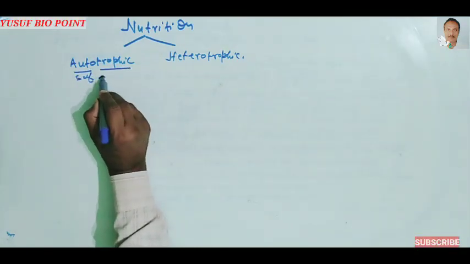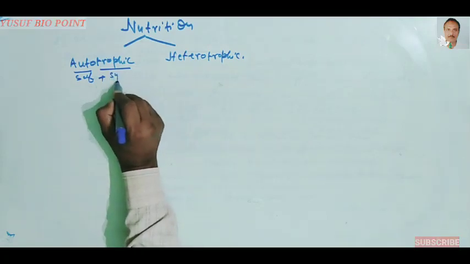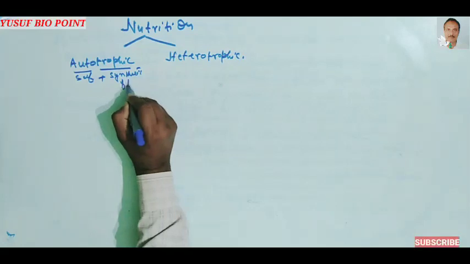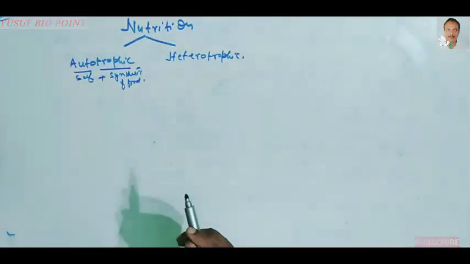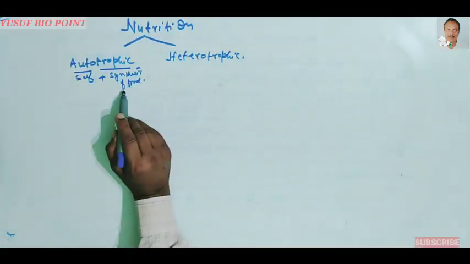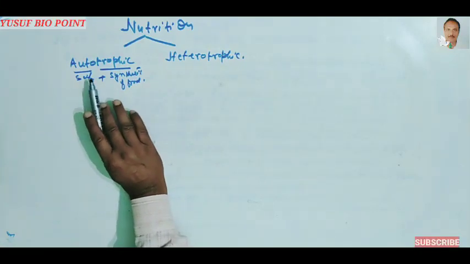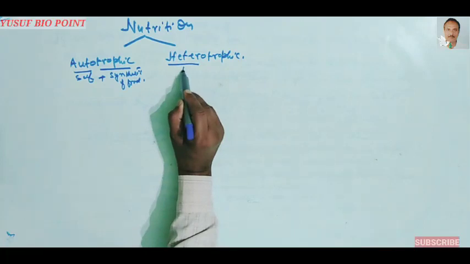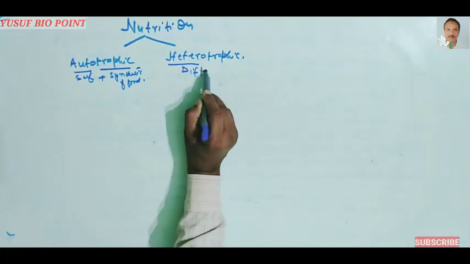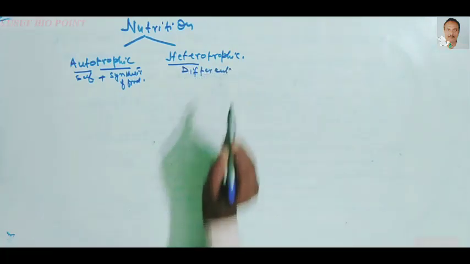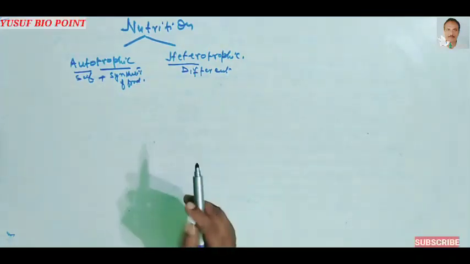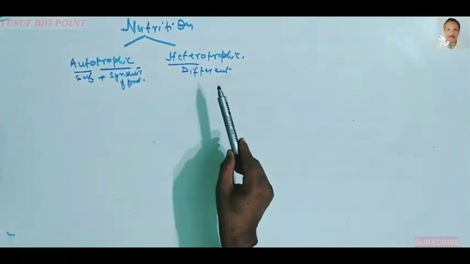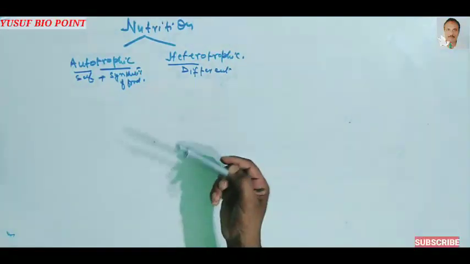Trophic here means synthesis of food. Those living things which synthesize their food by themselves are called autotrophic, and hetero means different. Those living organisms which cannot make their food depend on others for the food.